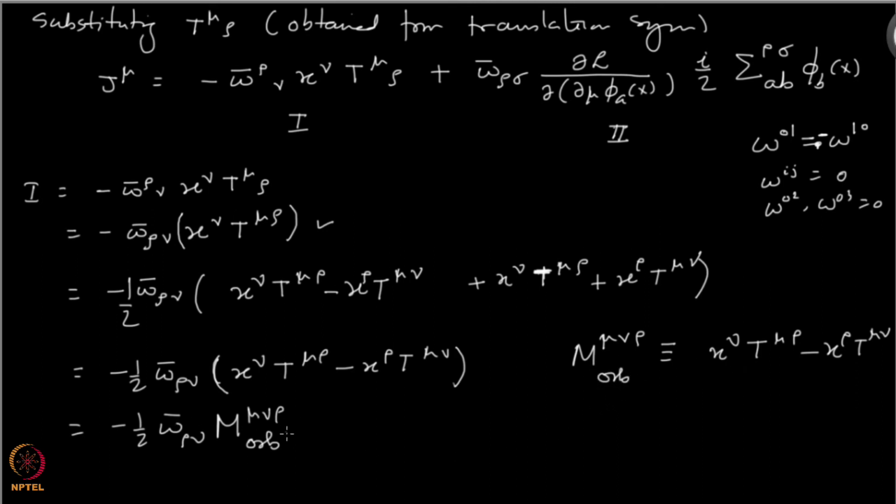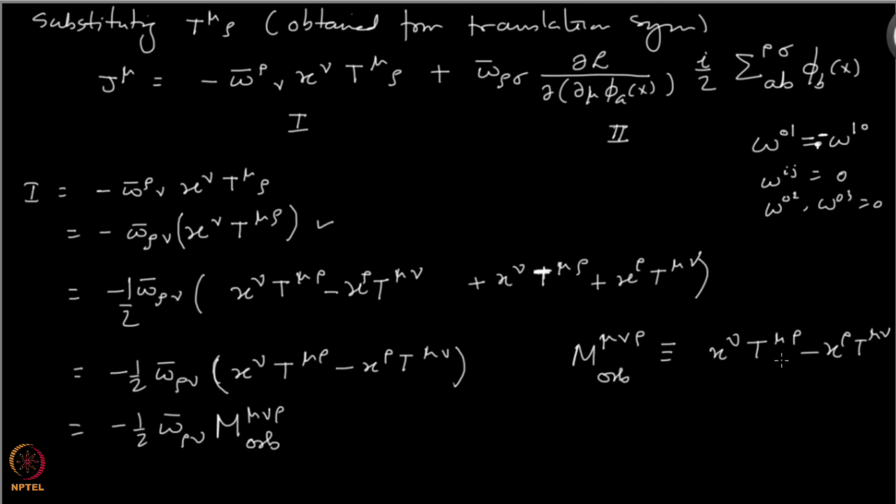But I see that my conserved current J mu is not just having an m orbital, which I was expecting in the last video, but an additional piece coming because of this sigma. So if it was a scalar field, then my expectation coincides and I get exactly only this term.